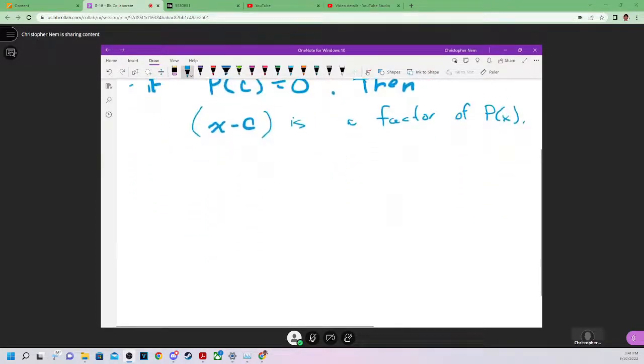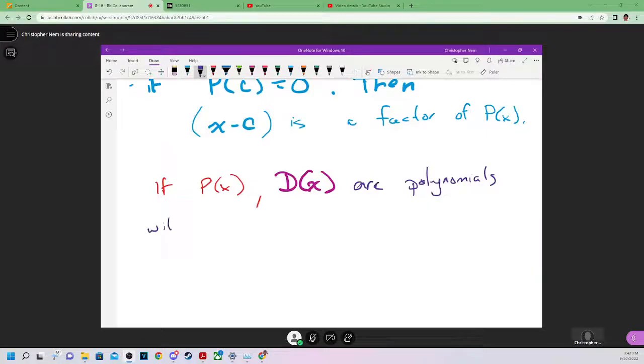So, we've got to come up with a little statement. If p of x and d of x are polynomials with d of x not equal to 0. It can't be 0.